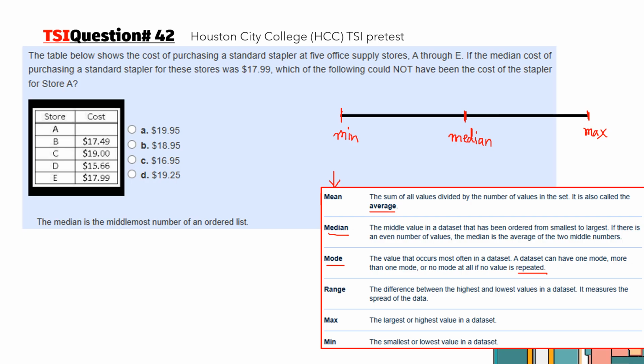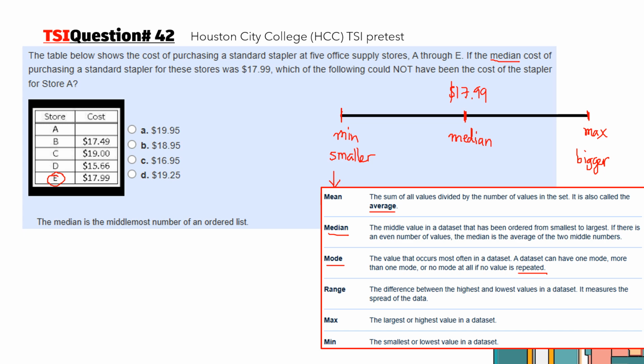Okay, so let's work on this one. We have the median is 17.99, and this one is E. Then we have 15.66. Remember, on the left side we always represent the smaller numbers, and on the right side we always represent the bigger numbers.